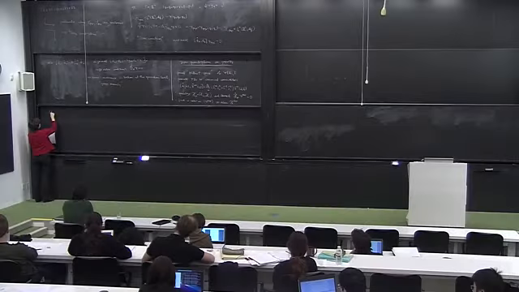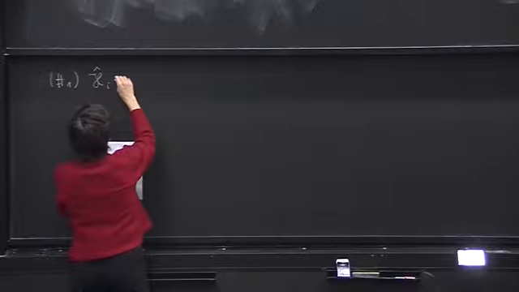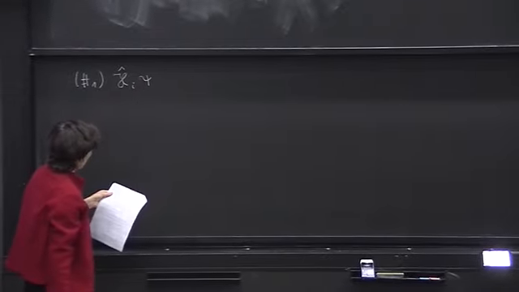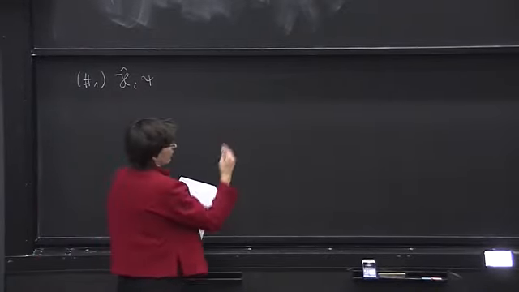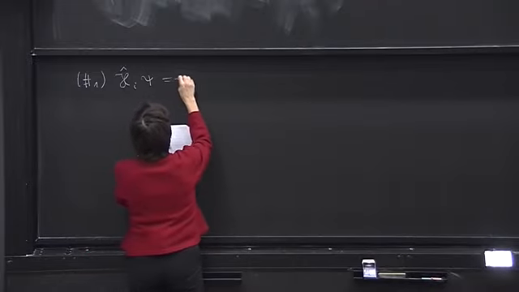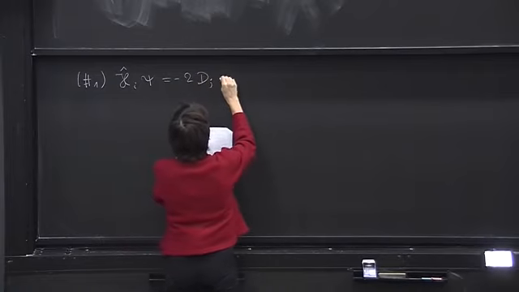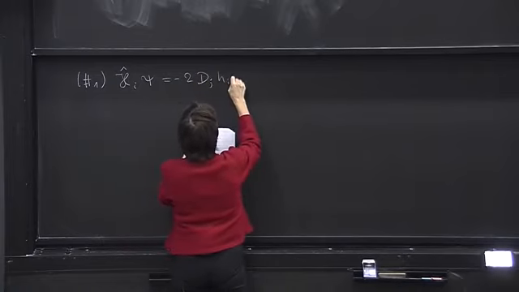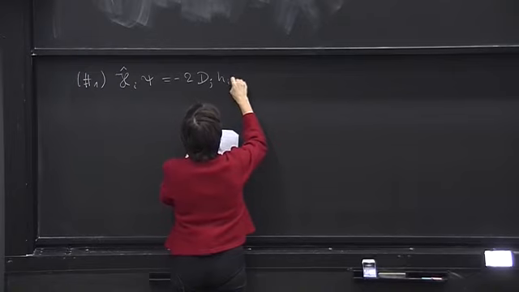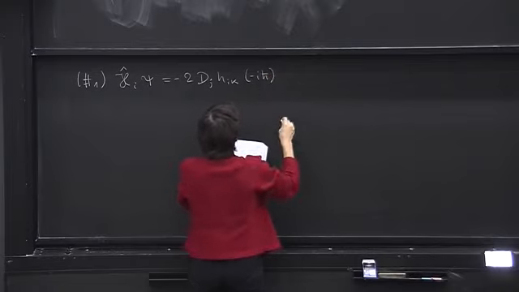What this amounts to for the four quantum constraints is the following. Hi hat acting on a wave function that depends on the hij's is equal to minus 2 dj hi k minus I h bar, and now comes the differential operator.